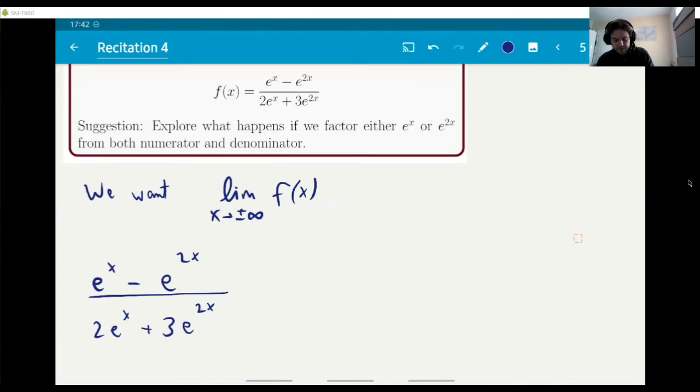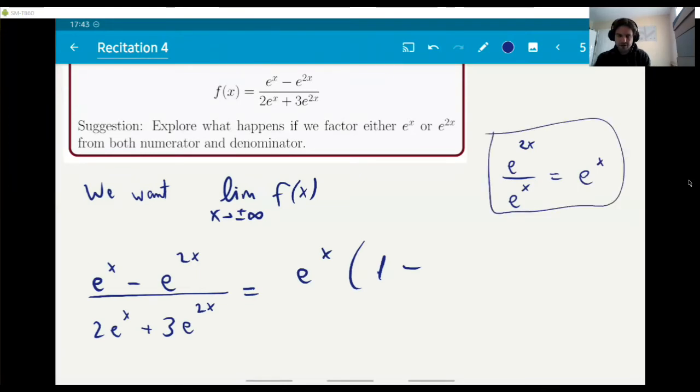So what is going to happen if we factor e to the x? Let's see. 1 minus... how do we factor an e to the x from e to the 2x? E to the 2x, removing a factor of e to the x, is actually e to the x. Don't say it's e squared, because what you do here is you subtract the exponents.